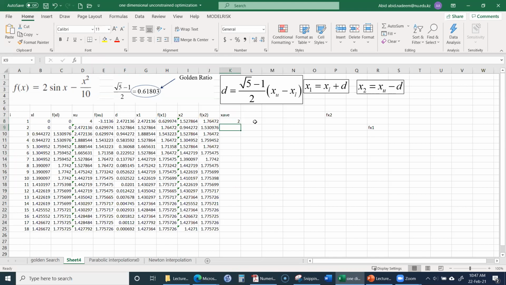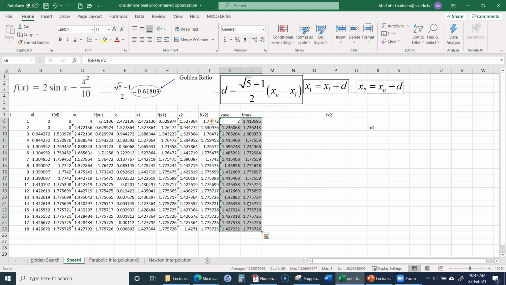Then for f max, we can take the value of the function at the average value. That is equal to, for example, I take this, Control C and then Control V, and then just copy it down.